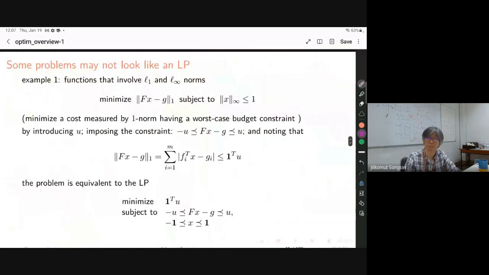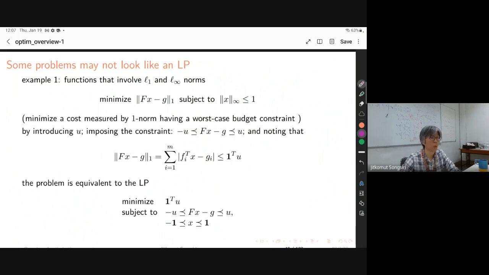Last one. 10 minutes. Some problems may not look like an LP, but they can be arranged as an LP. Remember that we explained at the beginning that LP is just a problem of minimizing a linear objective. So you may think that if I have a non-linear objective, then it cannot be an LP.